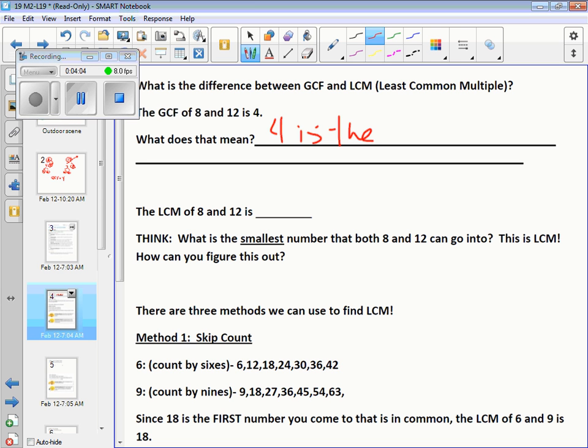What is it that you're finding? See, that's what I'm saying. We throw around GCF and greatest common factor. Put it into words. What does that number 4 represent? Sills. Right, it's the greatest number that can go into 8 and 12 equally.